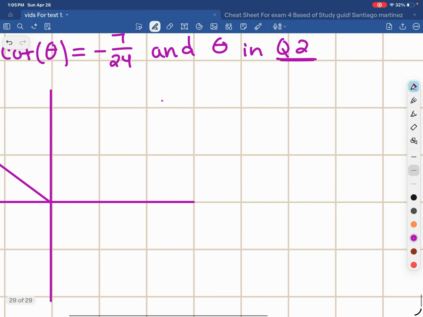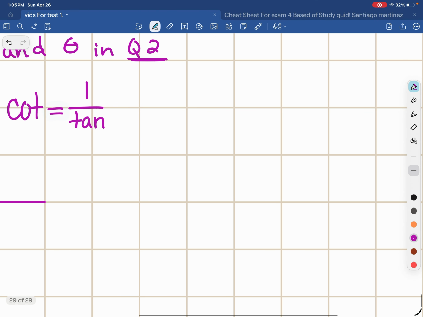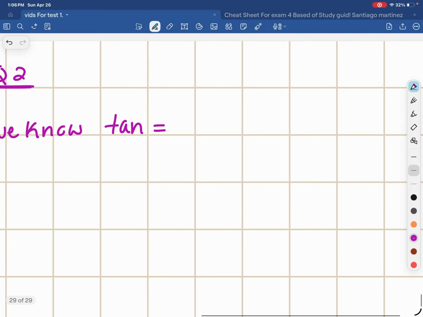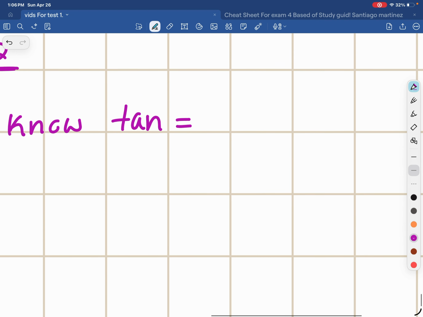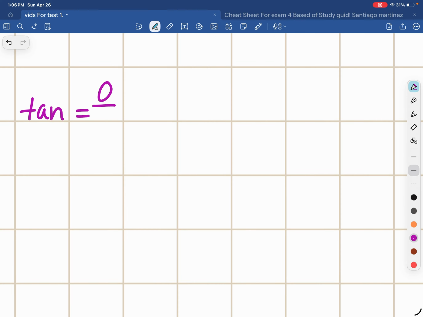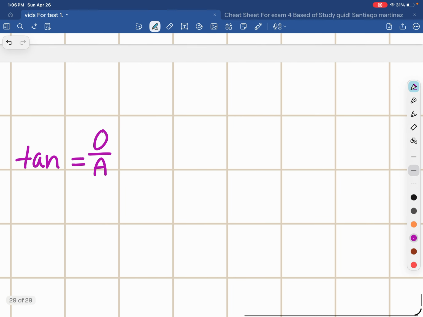So we know cotangent is equal to 1 over tangent, right? And then we also know that tangent is equal to O over A, right? Remembering SOH CAH TOA, or however you want to pronounce it.